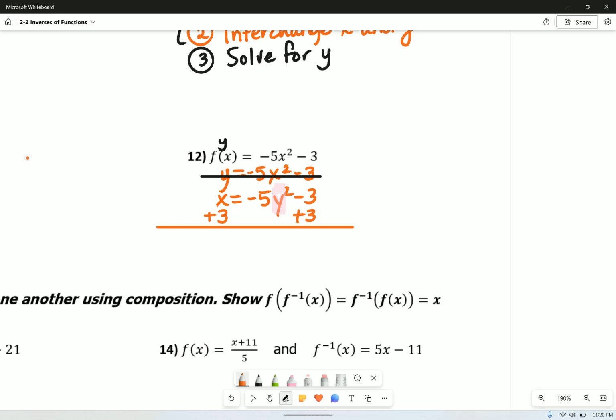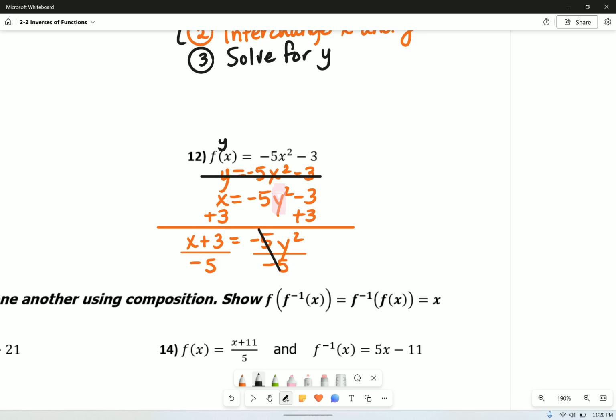Okay, and so when I add 3, x plus 3 are not like terms, so I'm going to keep them separated, and then I have -5y to the second power. Then between the -5 and the 2, I will get rid of the -5 next. -5 is multiplying, so I need to divide by -5 on the right side and divide by -5 on the left.